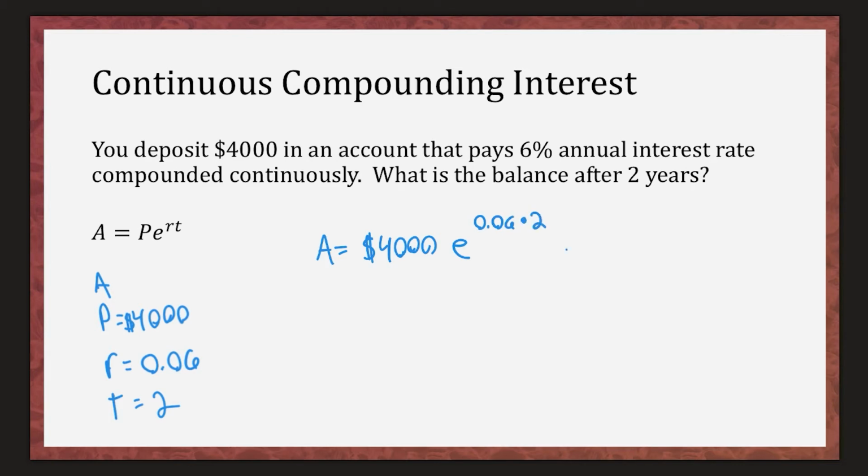And if we multiply all of this out, we get $4,509.99. Not bad. Now those 2 years at 6% will have the maximum possible advantage of compounding interest. The interest is compounded every single moment, so even more than every second. And that would be the result of that.